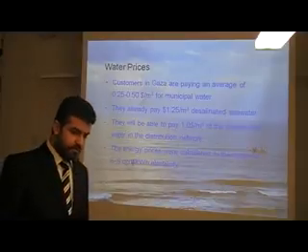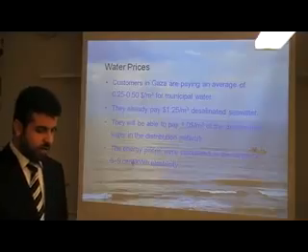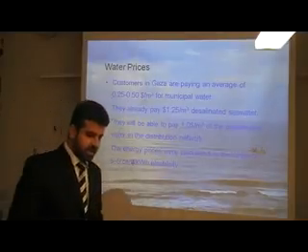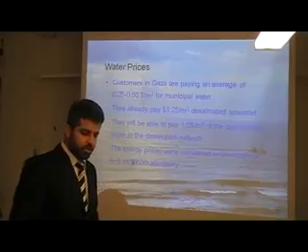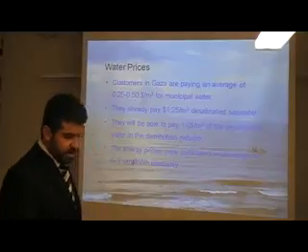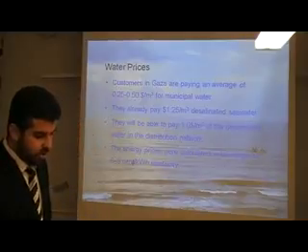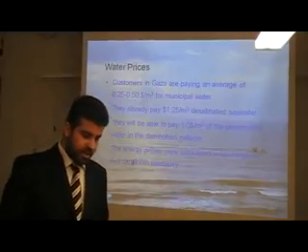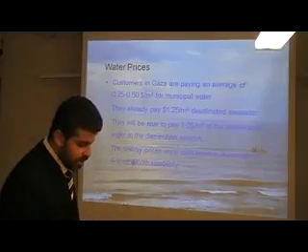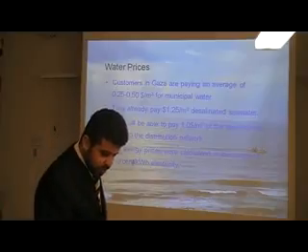They will be able to pay 1 US dollar for the desalinated water in the distribution network. The energy prices were calculated in the range of 6 to 9 cents per kilowatt hour.